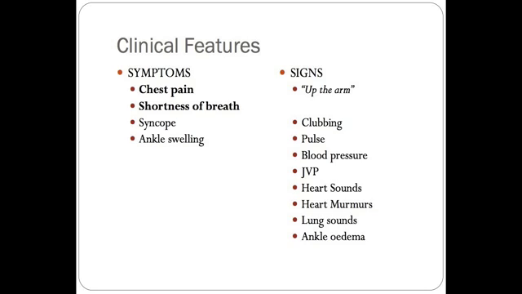Now, moving on to the heart sounds themselves, the key part of the cardiovascular examination, listening to the heart. The heart sounds can be broken down into, broadly speaking, the first heart sound and the second heart sound. The first heart sound times with the closure of the atrioventricular valves, and the second heart sound times with the closure of the aortic and pulmonary valves.